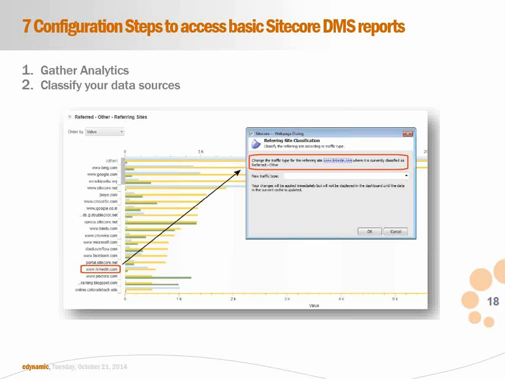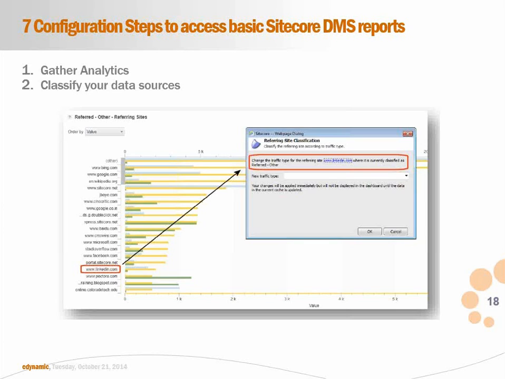In a little more technical terms, it means that we need to configure Sitecore analytics on the production environment. A very important note: this is one of the hiccups, one of the steps we have helped various consumers with.